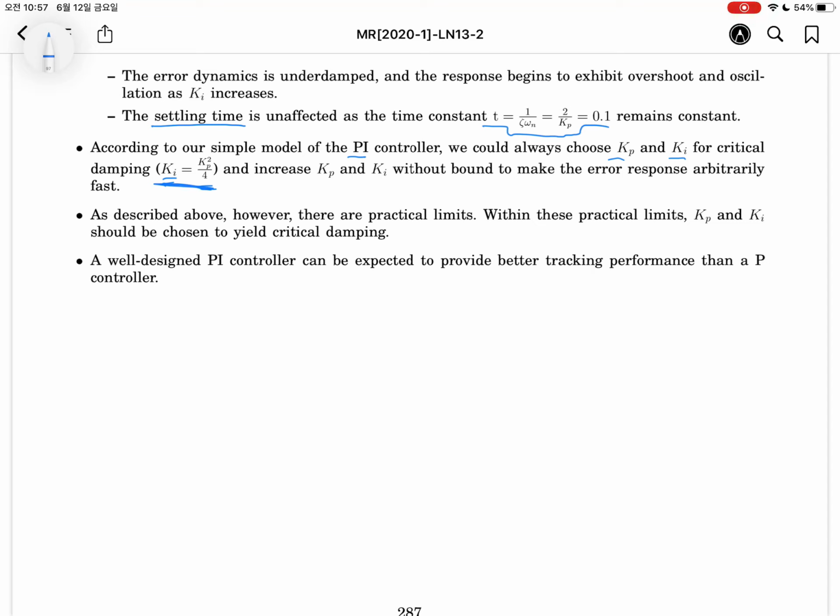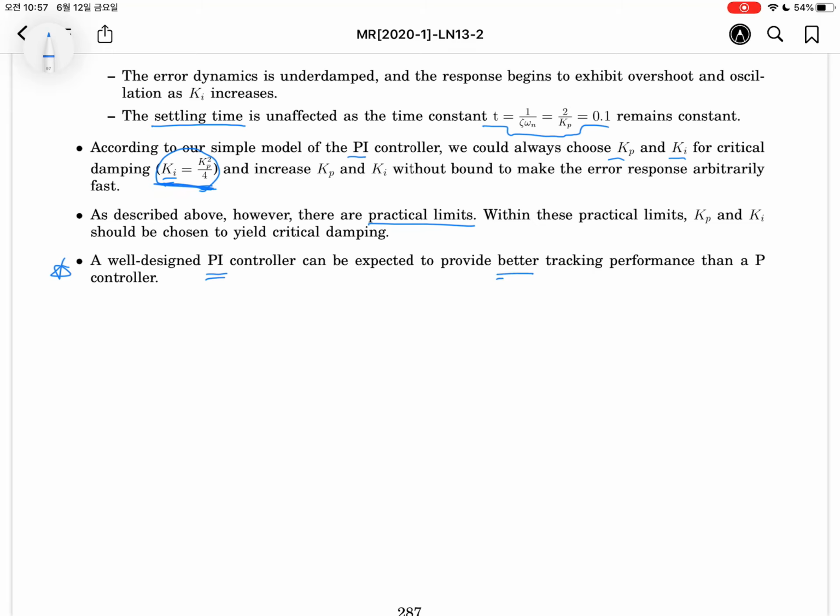Then we can choose an appropriate Kp, and using this equation we can assign Ki. As described above, there are practical limits. We should consider them. So this will be the conclusion of this section.